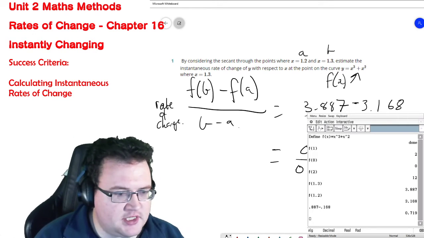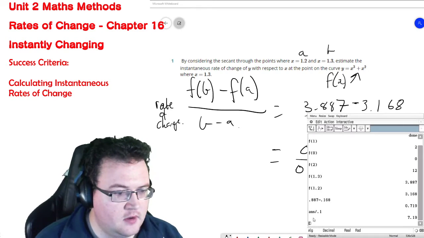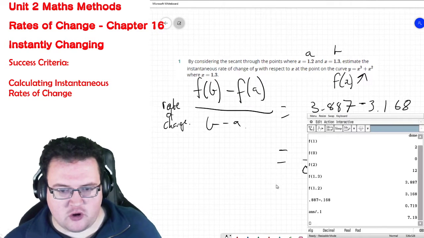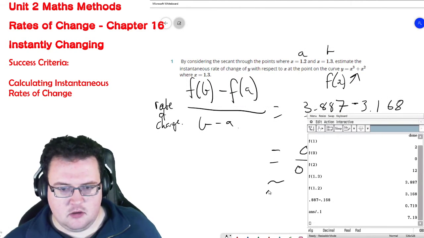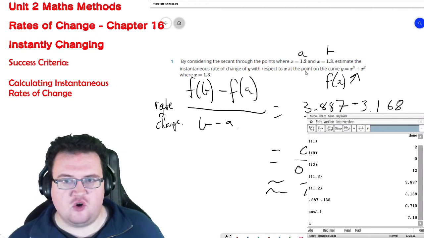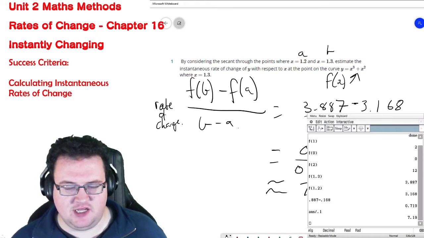So what is 0.719 divided by 0.1? And the answer is approximately 7.19. So the gradient at that point is going to approximately be that point there.